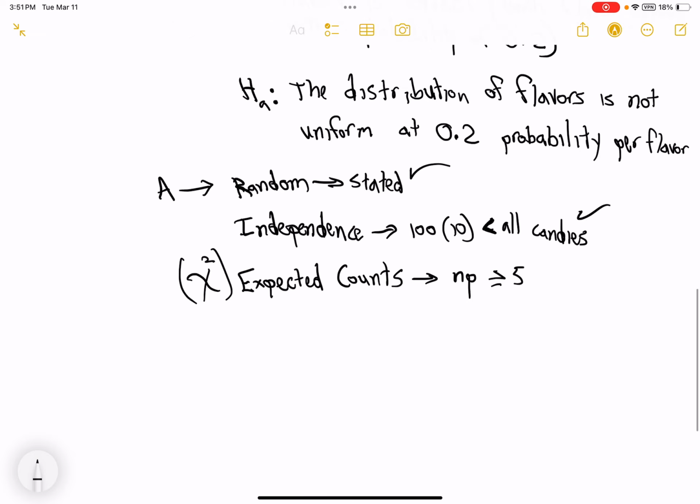What that means in our case is our sample size is 100. We're going to then multiply that by the probability, right? In this case, the probability for our null was 0.2, and that's what we'll do. That has to be greater than or equal to 5. And indeed it is, so we're good to go. In class, for some of you, we kind of zoomed past this, so I really wanted to close connect this and make sure we were super clear on it.